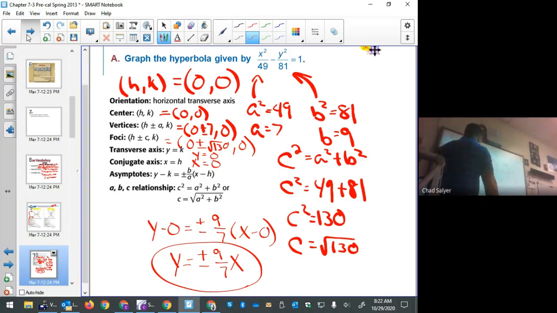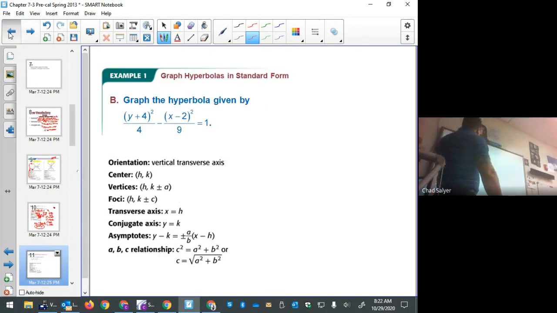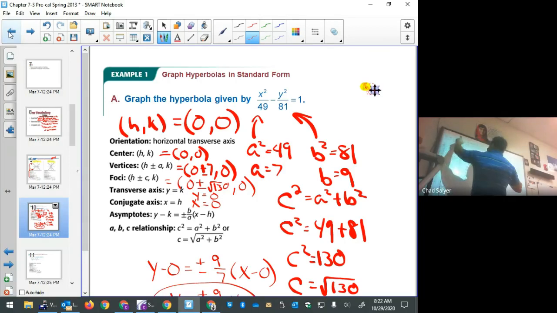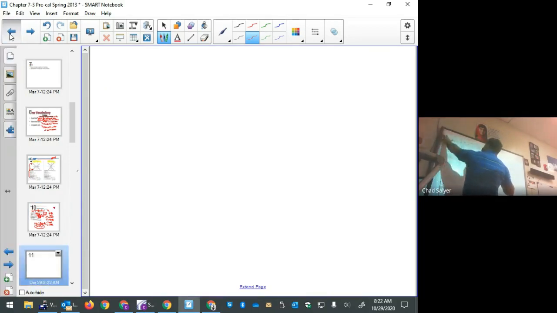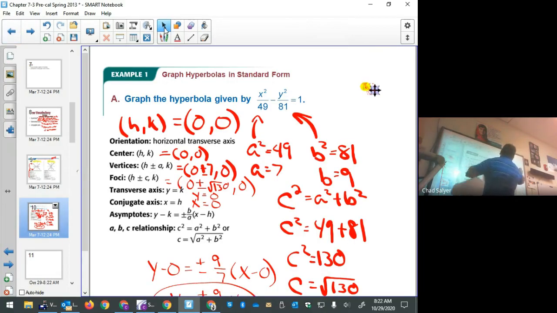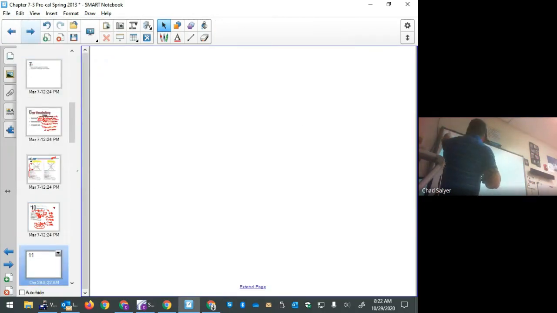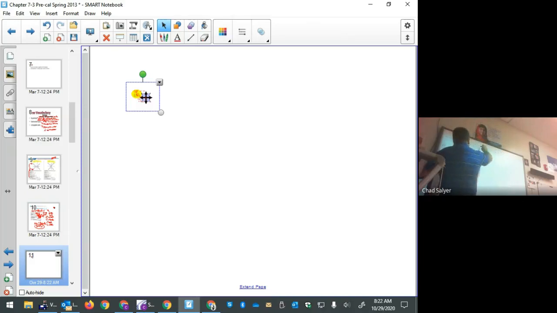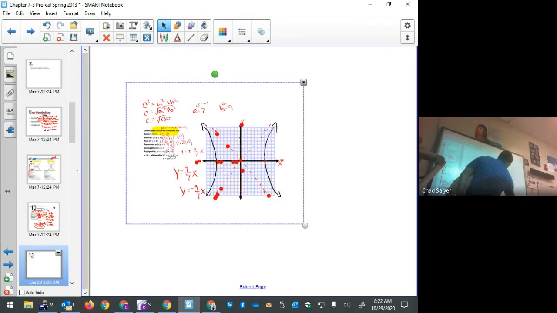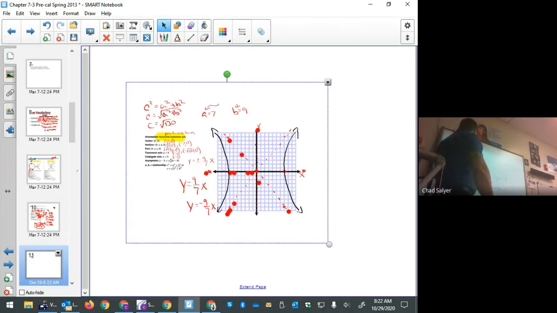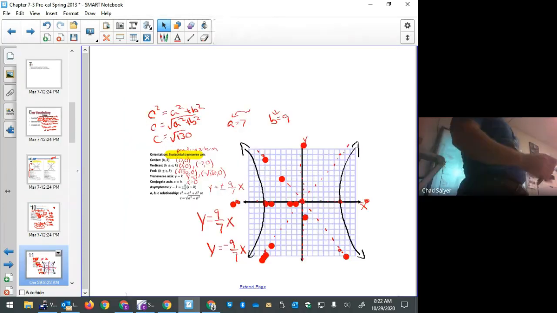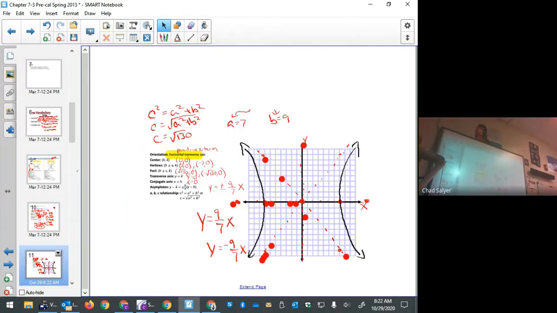Okay, so let's talk about the graph really quickly. Hopefully this will be somewhat legible. That's the graph of the same hyperbola we just discussed. You guys just look that over, see if it makes any sense to you.